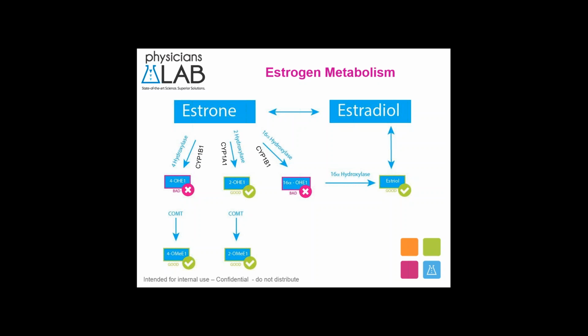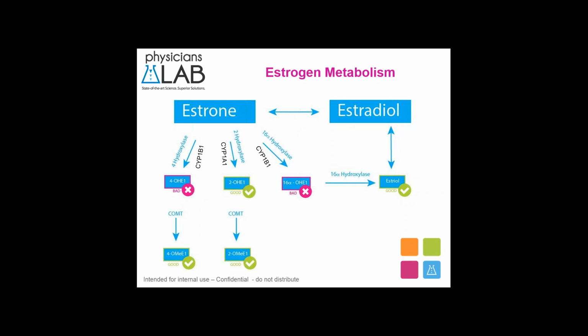So if I have GI inflammation, if I have food allergies, if I have leaky gut, all of these terms that we hear a lot about in functional and integrative medicine these days, if I have a patient that's got a lot of GI inflammation, they're probably creating more 16-alpha-hydroxyestrone than 2-hydroxyestrone, so the ratio of that 16 to the 2-hydroxyestrone is not what we would want it to be.